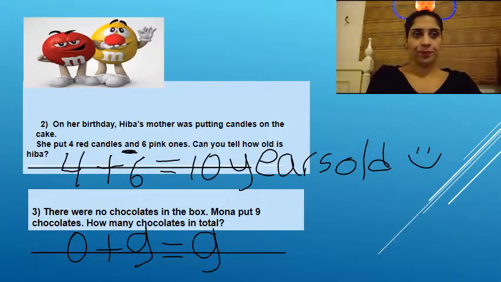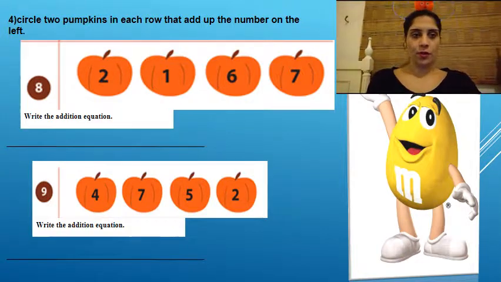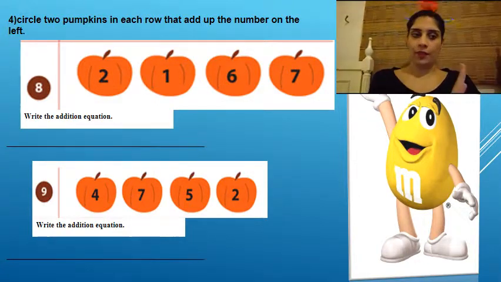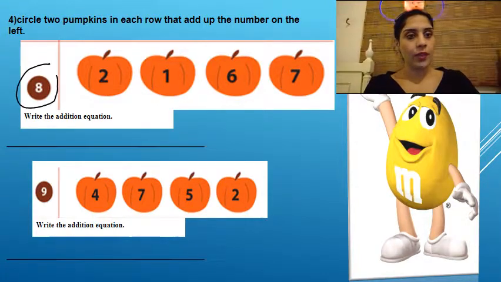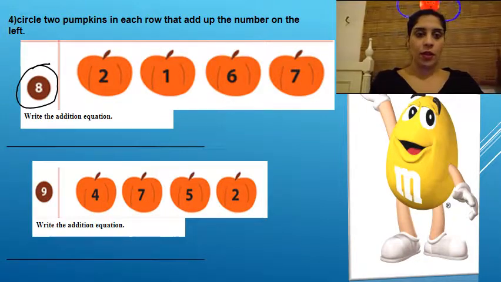Here we go. Let's move to the second question now. Here we have to circle 2 pumpkins in each row that add up to the number on the left. What number do we have on the left, Mr. M&M? We have here number 8. Okay, now let's try to write the equation.